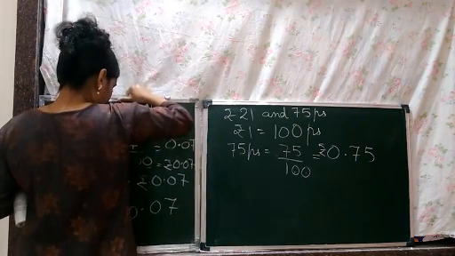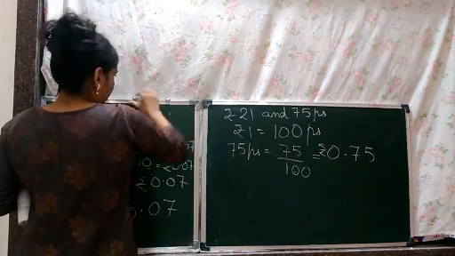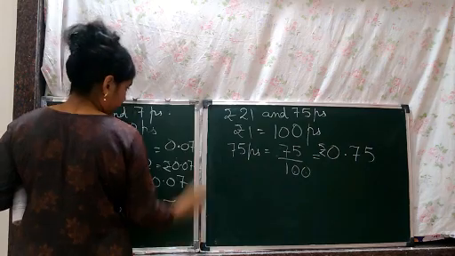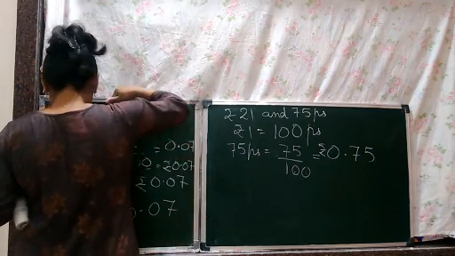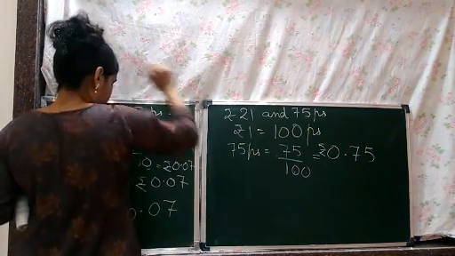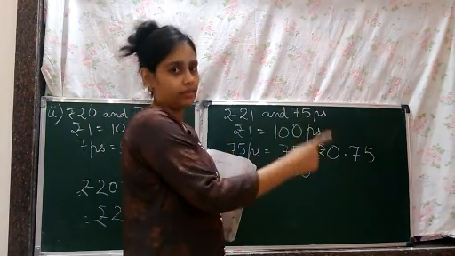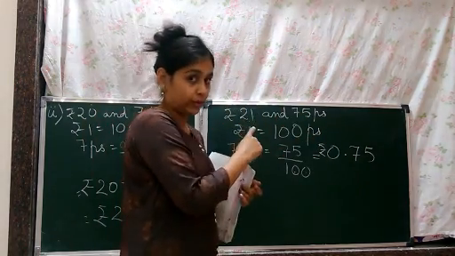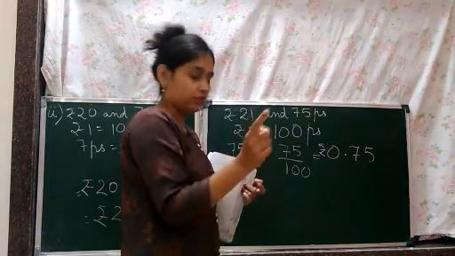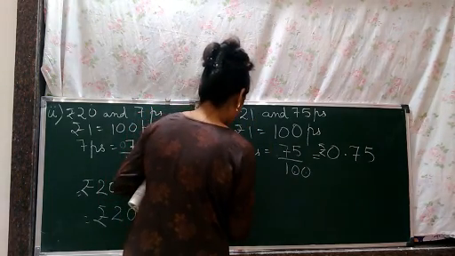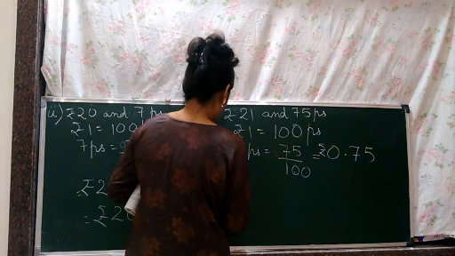So this gives us rupees 0.75. Now, getting back to the question, there is rupees 21 also, we need to add it. So let's do it. You can write it now.